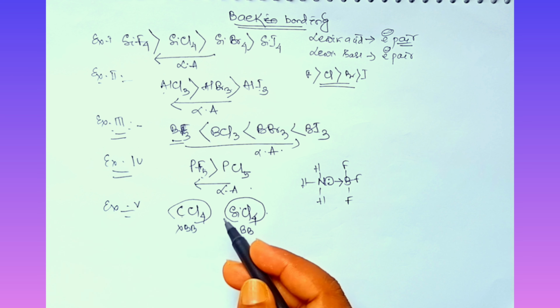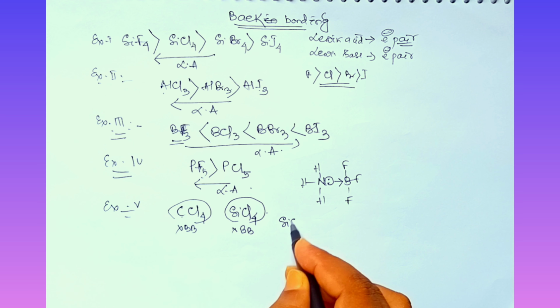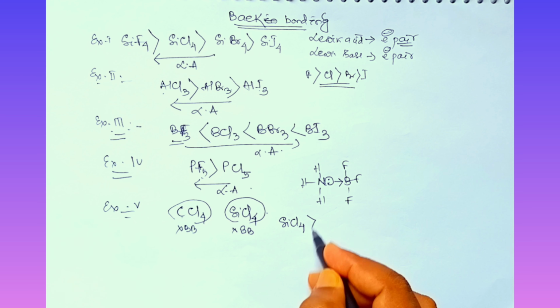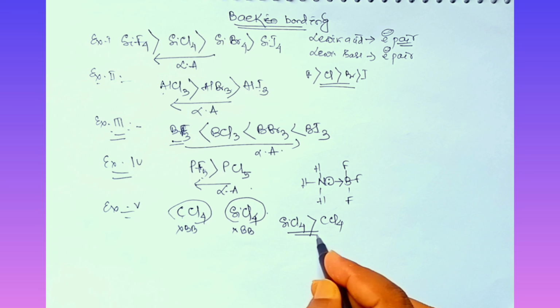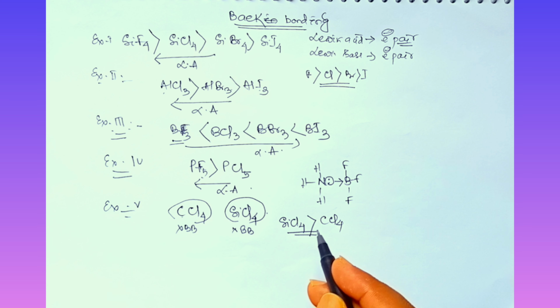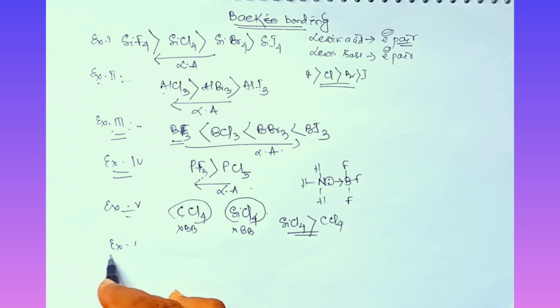So based upon this concept we can say SiCl4 is the better Lewis acid than CCl4. One more example we will take.